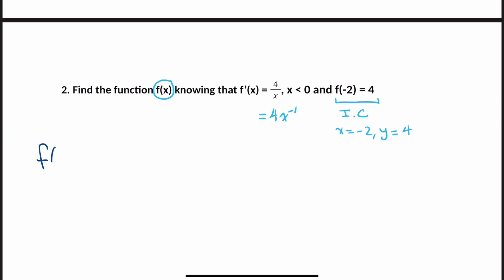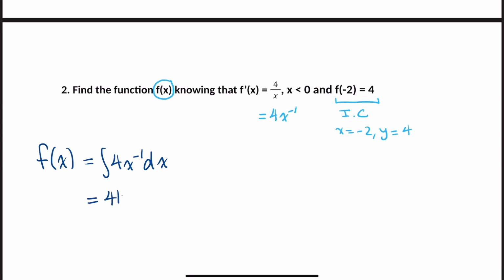So this is going to be equal to the indefinite integral of 4x to the negative 1 dx. And don't make the mistake of trying to use power rule of integration, because we have an exponent of negative 1, and this is just one of those antiderivative rules that you just have to memorize. The antiderivative of x to the negative 1 is just ln x.